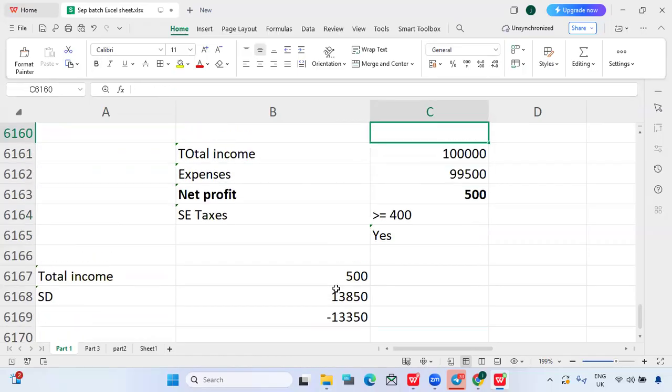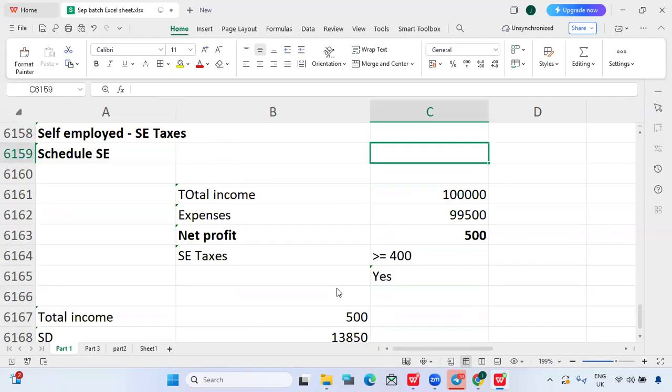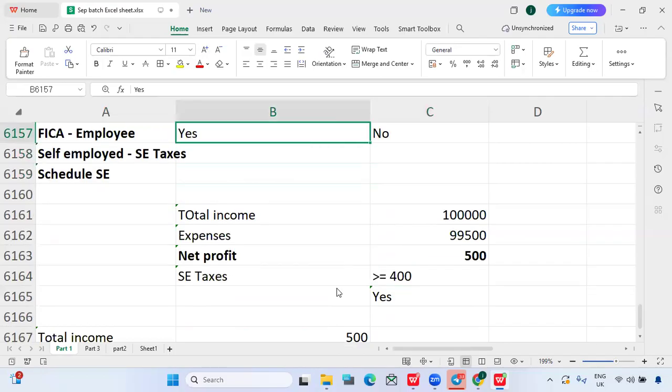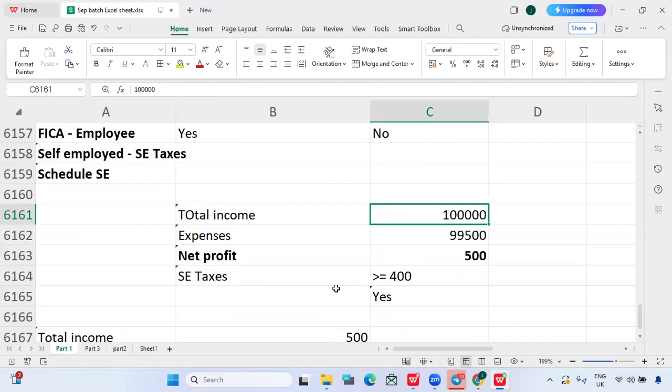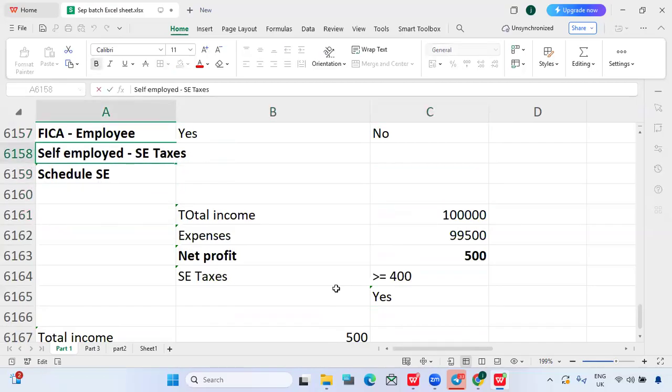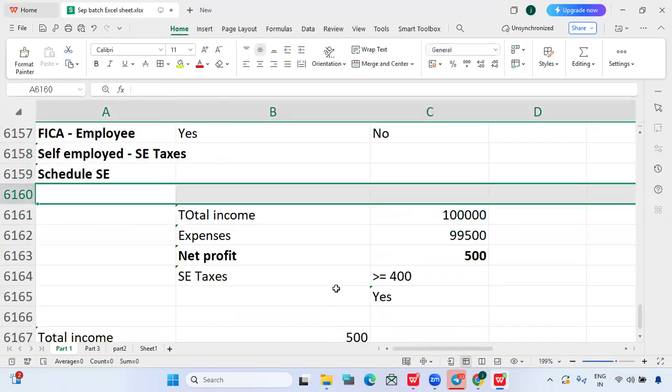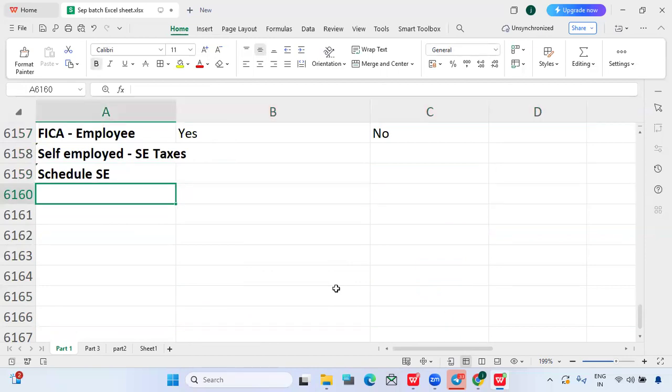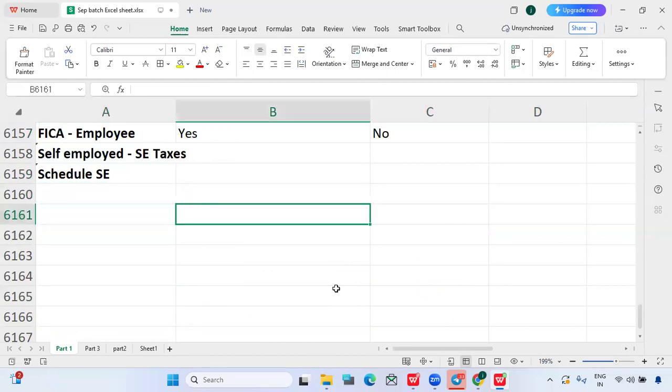SE tax is based on the net profit from the self-employment income. Where can we see the calculation? On Schedule SE. Now, FICA taxes we understood. What is the total percentage we have to pay?